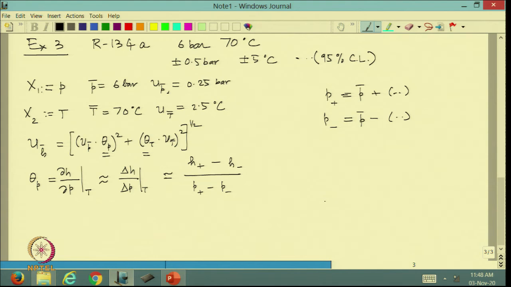We can take 1 bar, 2 bar, 0.5 bar, 0.1 bar, that is our discretion here. It has nothing to do with this 0.5 bar. In the example, I have taken this to be 1 bar.